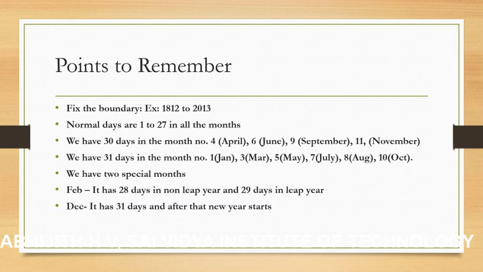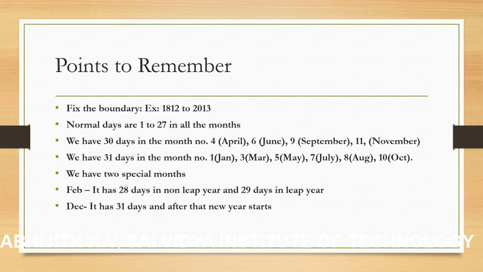If it is a non-leap year and the day given is 28th, the next day should be the 1st of March. Similarly, if we have a leap year, the number of days will be 29. If the day given is 29, the next day should be the 1st of March.